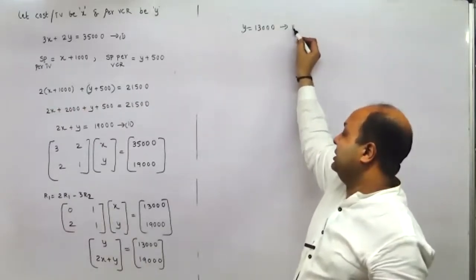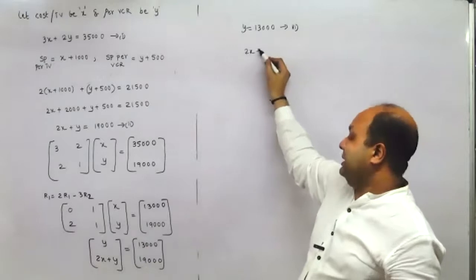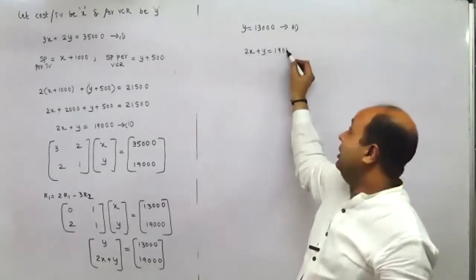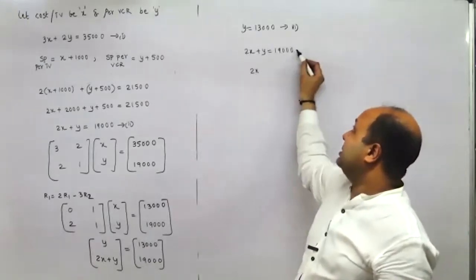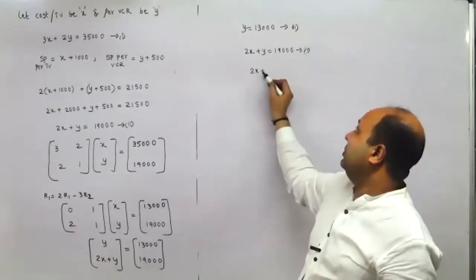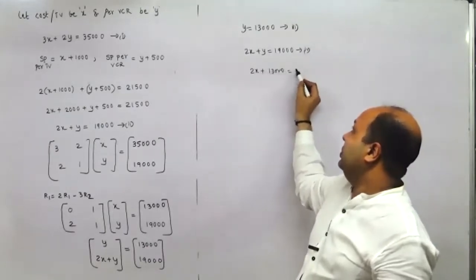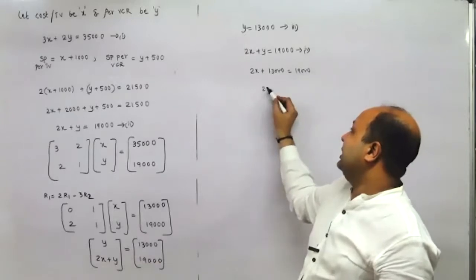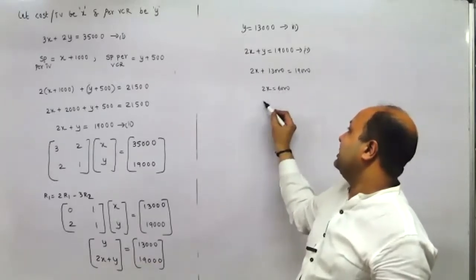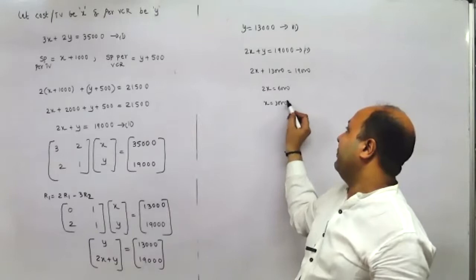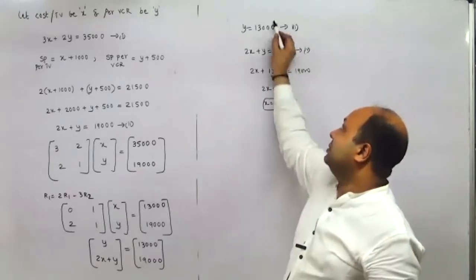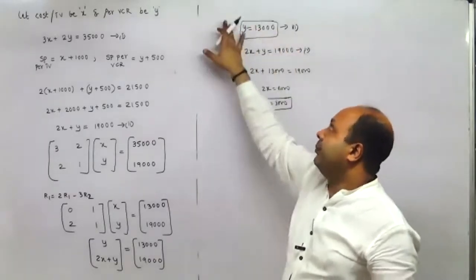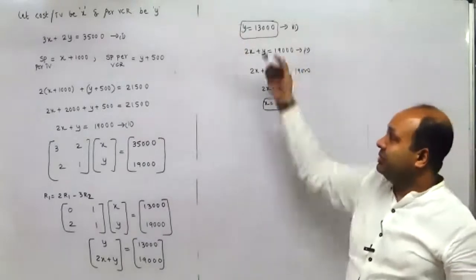Substituting Y in the second equation, 2X equal to 6,000. Therefore, X equal to 3,000. Now, X is 3,000, Y is 13,000.